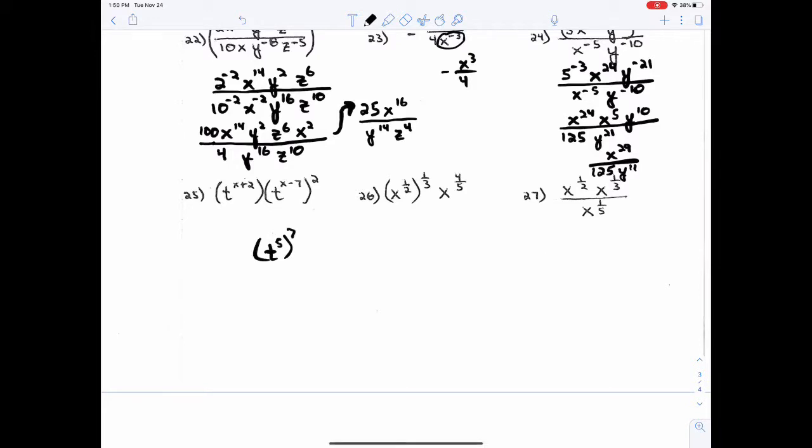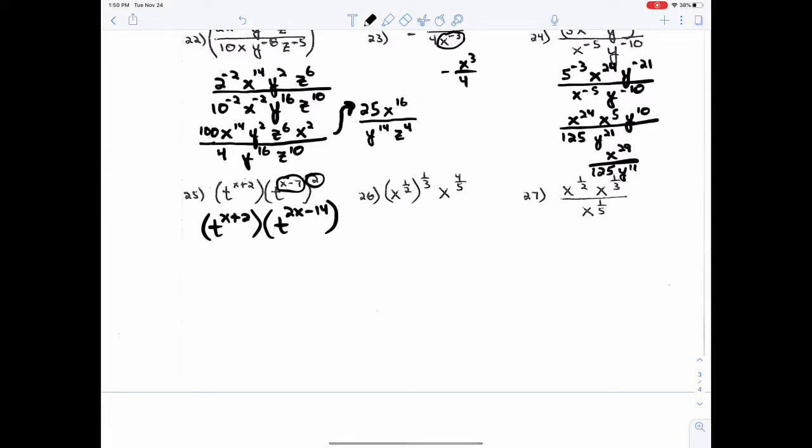You'd multiply 5 and 7. Well, you're going to do the same thing here. The first thing is not going to change at all, so that's t to the x plus 2. But I'm going to multiply the x plus 7 and the 2 and get t to the 2x minus 14 power.